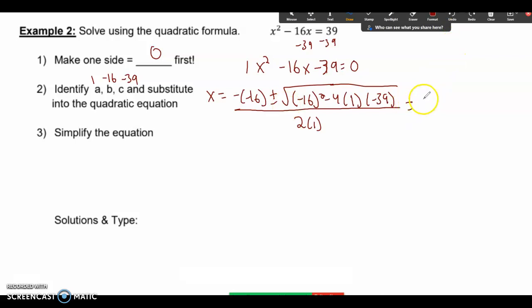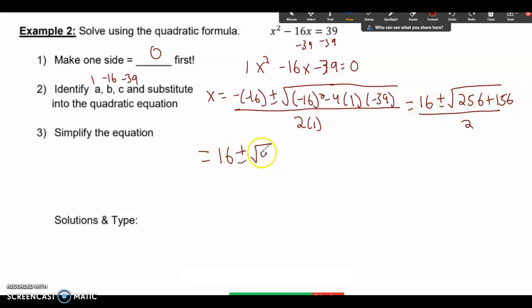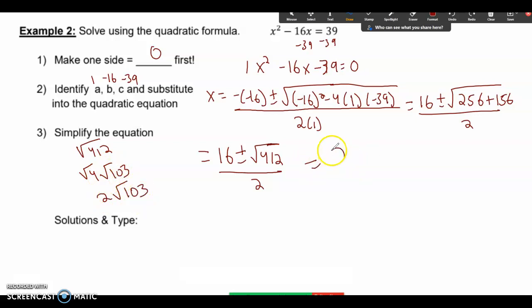Just keep plugging it into the quadratic formula. And then as we simplify this, I would practice entering these in your calculator. Square root of 412 is the same as 4 times 103.